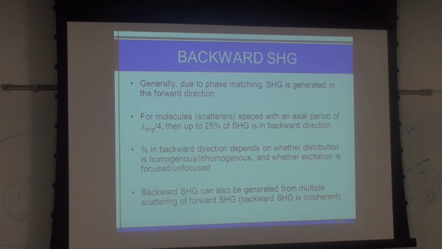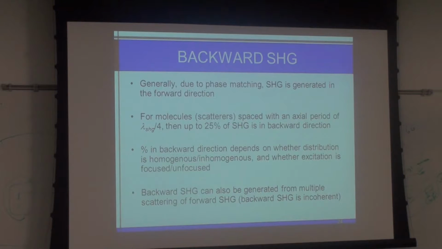So what we'll say too is that second harmonic generation could be emitted coherently in the backwards direction under special conditions. Generally it's forward facing because of the phase matching condition. But if you have scatterers that are spaced with an axial period of lambda over 4, where lambda is the second harmonic wavelength, then up to 25% of the signal will be generated in the backscatter direction.